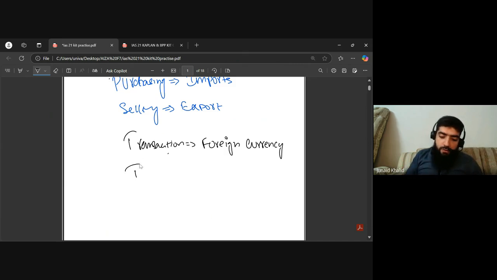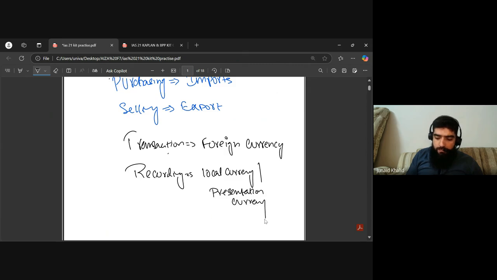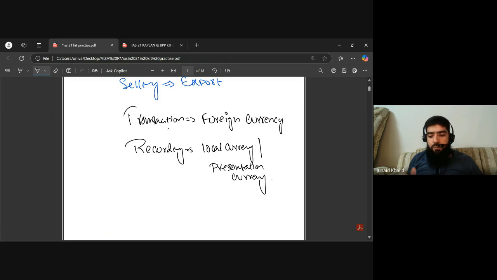But if you want to record that transaction, it will be recorded in the local currency, or to make it more technical, we can call it the presentation currency, or we can also call it the functional currency. I hope that you must have heard about this terminology, right?